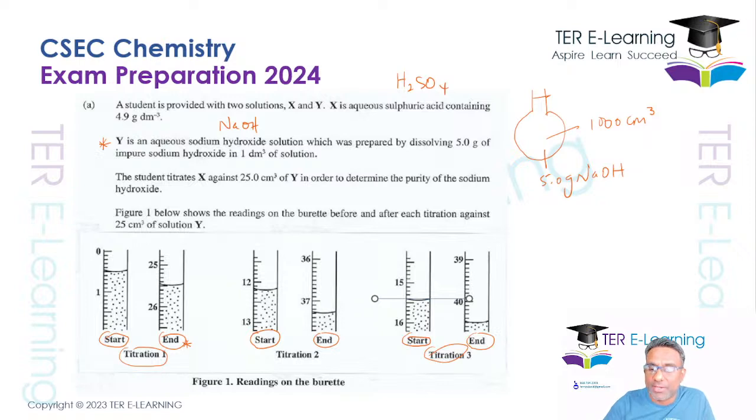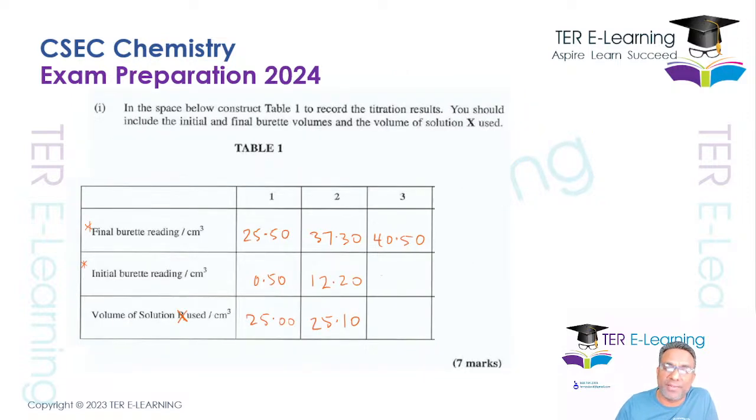If I put this horizontal line here, you'll realize it's not on a marker. It's between 15.4 and 15.5. So that reading there is actually 15.45. So this here is 15.45.